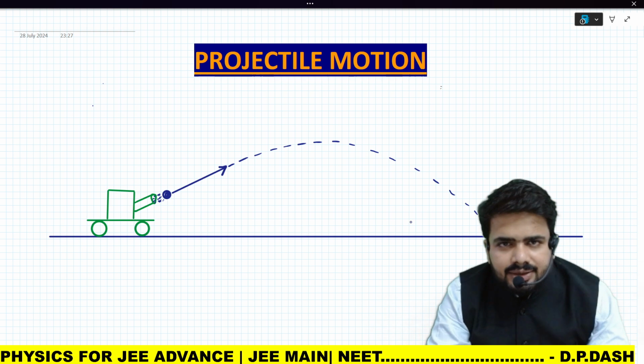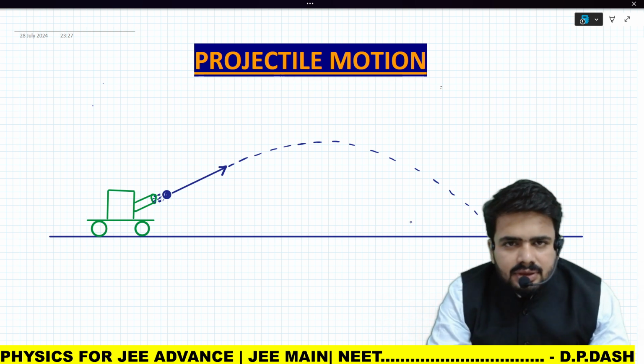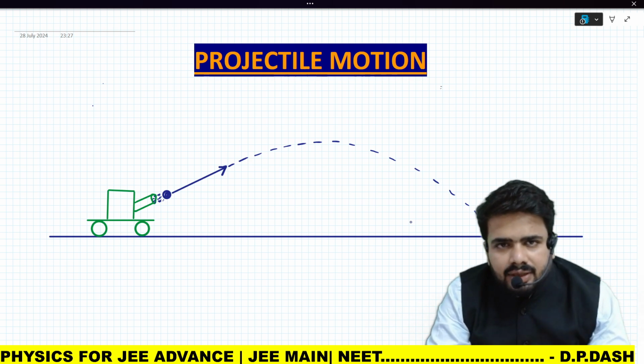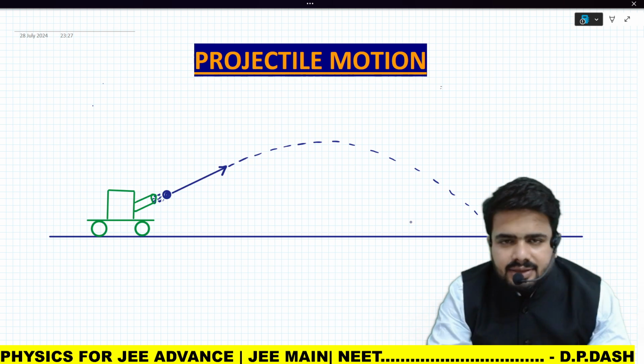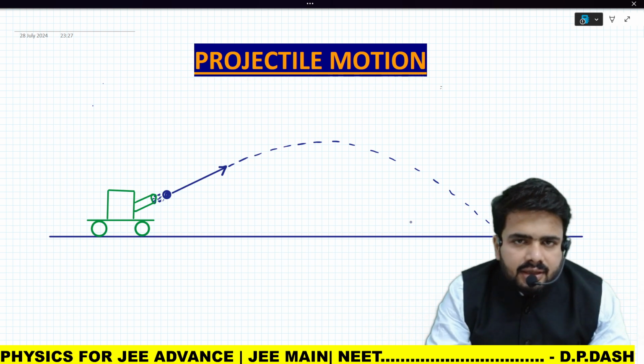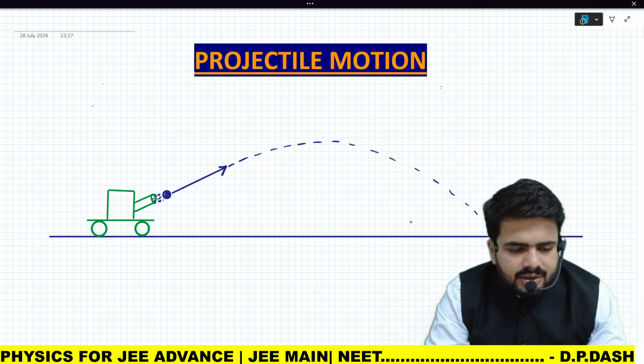It can be along the horizontal, or along the vertical, means from 0 degree to 90 degree, whatever angle we get.